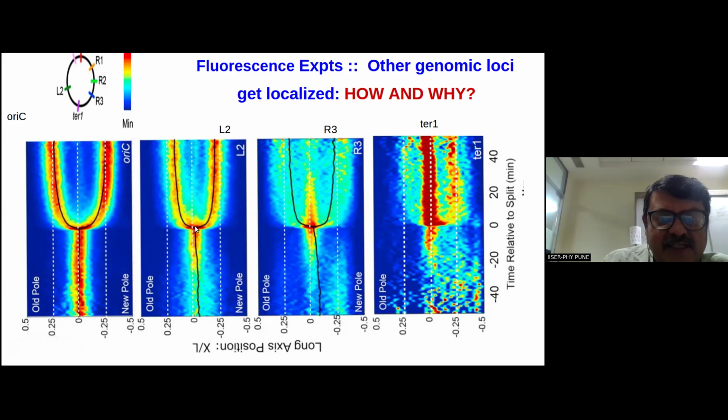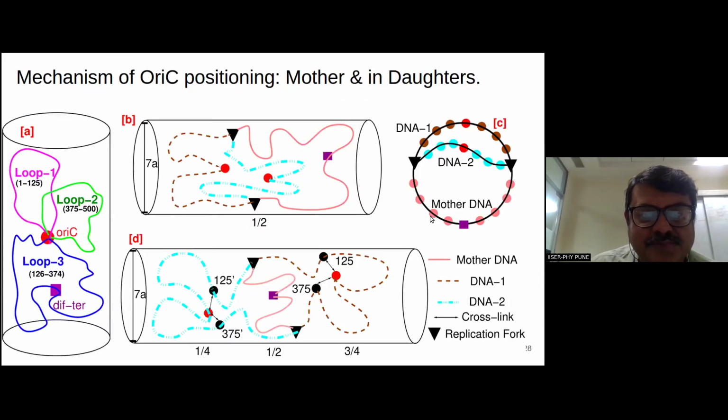From the middle of the cell at a certain point in time, it goes and sits not quite at the quarter position, a bit inside of the quarter position. Some other point, R3, is in the middle, but then it's all over the place in the middle of the cell. The ter initially is delocalized, but towards the end, it goes and sits in the middle of the cell. How does this happen?